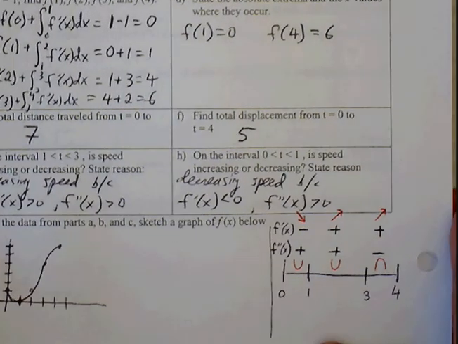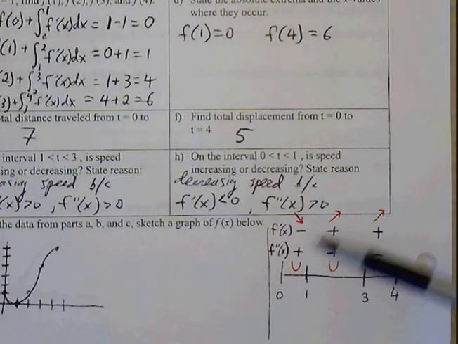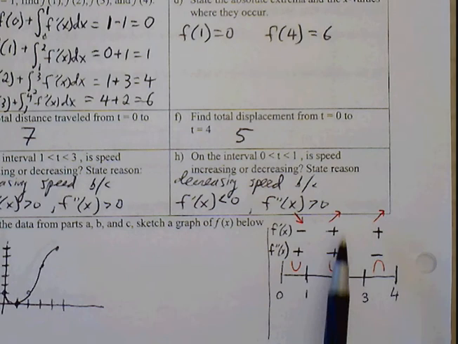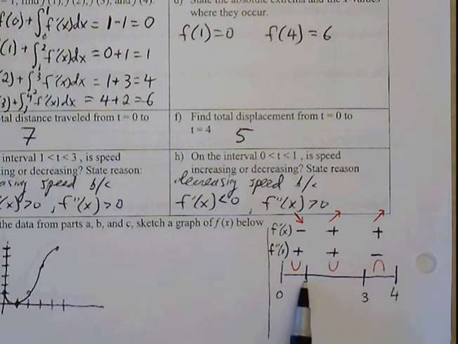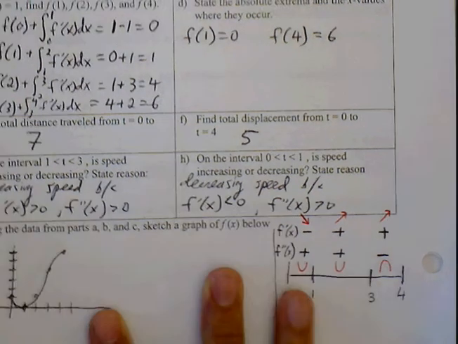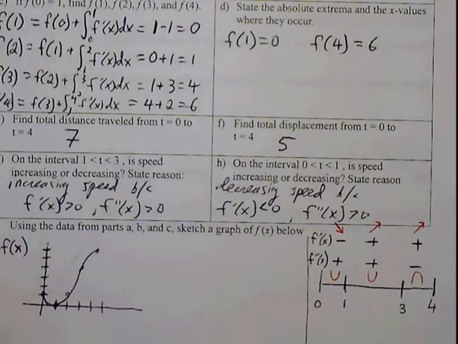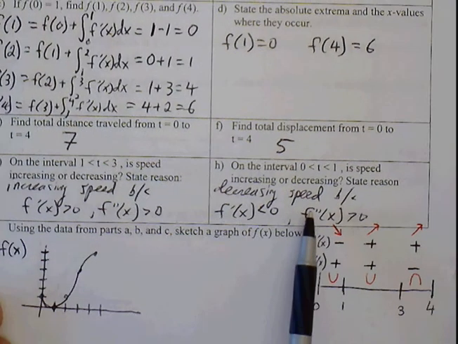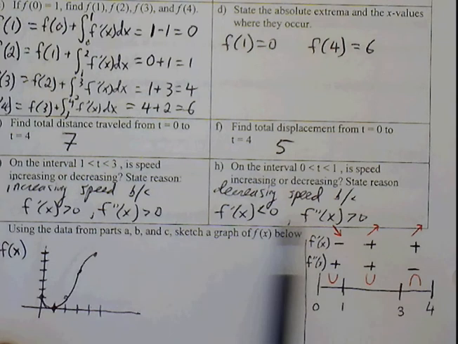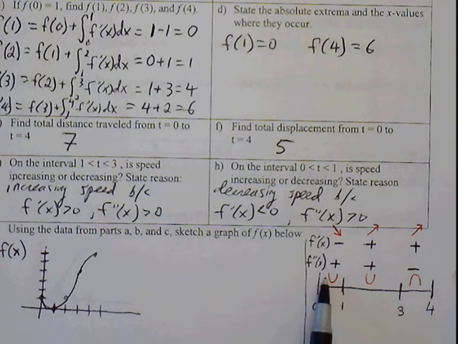If we compare the sign lines, we see that between 1 and 3, both f prime and f double prime are positive, so we know that we have increasing speed, same signs, because f prime is greater than 0, f double prime is greater than 0. On the interval between 0 and 1, is the speed increasing or decreasing? Between 0 and 1, we see that there are opposite signs, so decreasing speed.